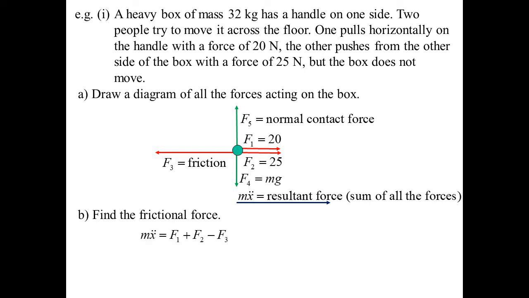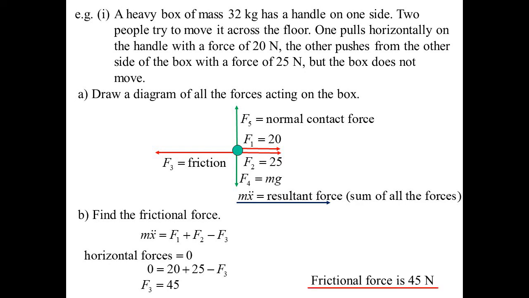So mx double dot will equal, horizontally, we'll have F1, F2 minus F3 because it's going in the opposite direction. We know all the horizontal forces, the result of them all is 0 because the box is not moving. So there's no forces at all. Okay, sub in. 0 equals 20 plus 25 minus F3, which is the friction, and we have our frictional force. There it is, 45 newtons.